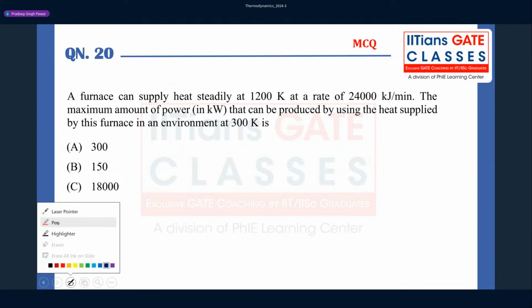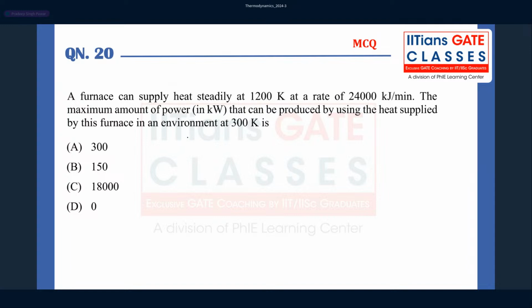So basically, if you look at it, what it is saying is that we have a source, okay, and that source is our furnace. So source is the furnace, which is at 1200 Kelvin.